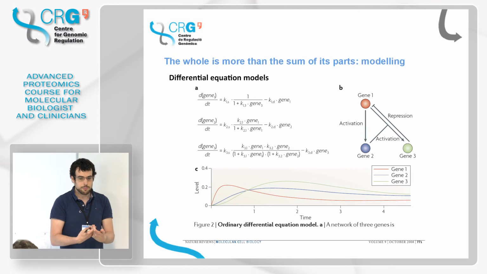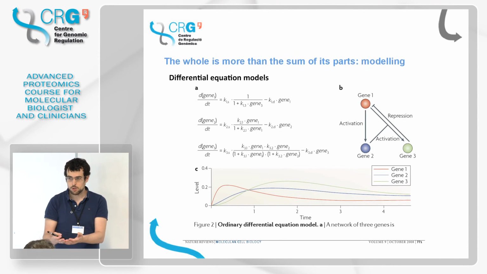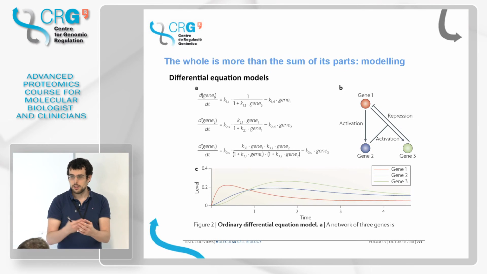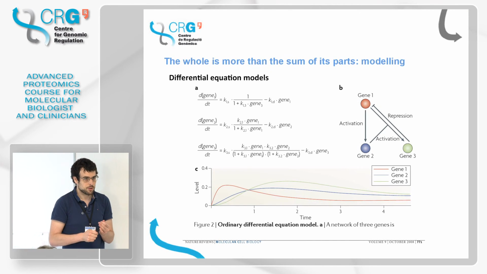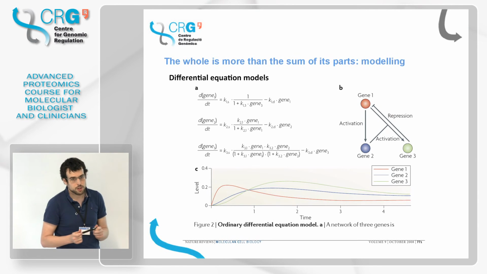And before doing an experiment, we can say, well, what would happen if I would inhibit this kinase? And then we predict this with the model, we do the actual experiment, and we then validate what the model said. And then we are confident that this model is working, and we can predict many other conditions. So with this, I would like to close this small introduction to this session, and then you can start with the tutorial.